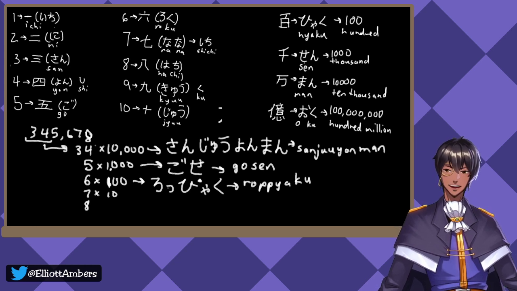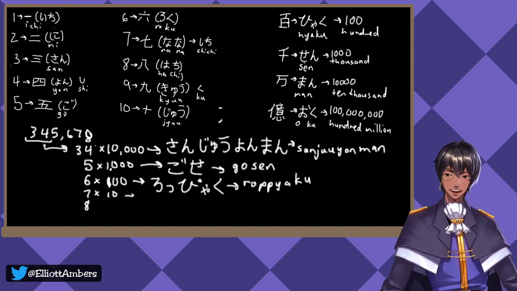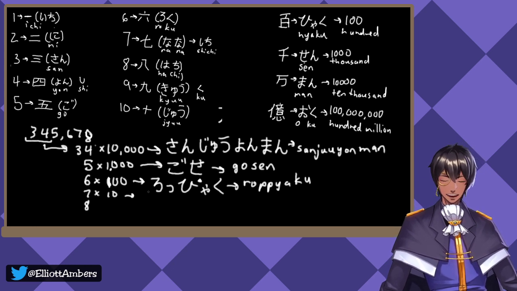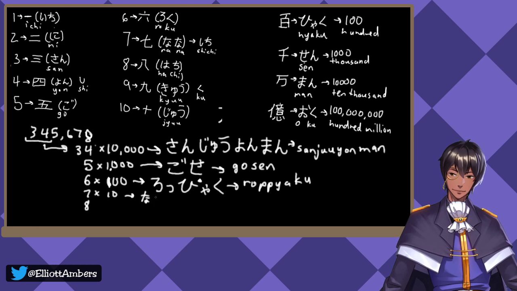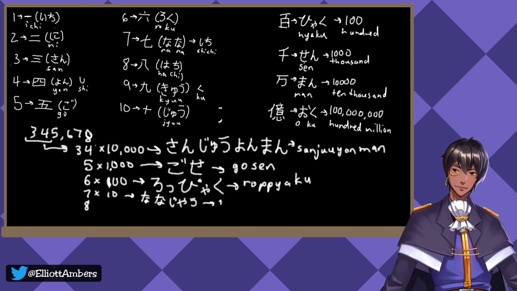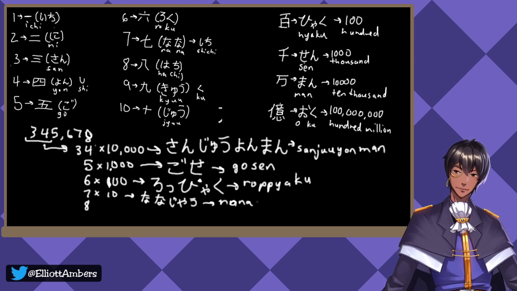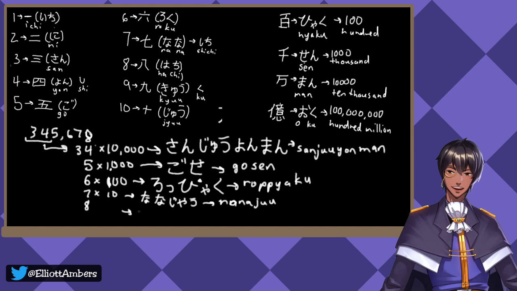So that little tsu there, that little symbol there means that we double up on that consonant sound of this p, of this pya. 7 times 10 is going to be nanaju. That's nanaju. And then obviously 8 is just hachi.